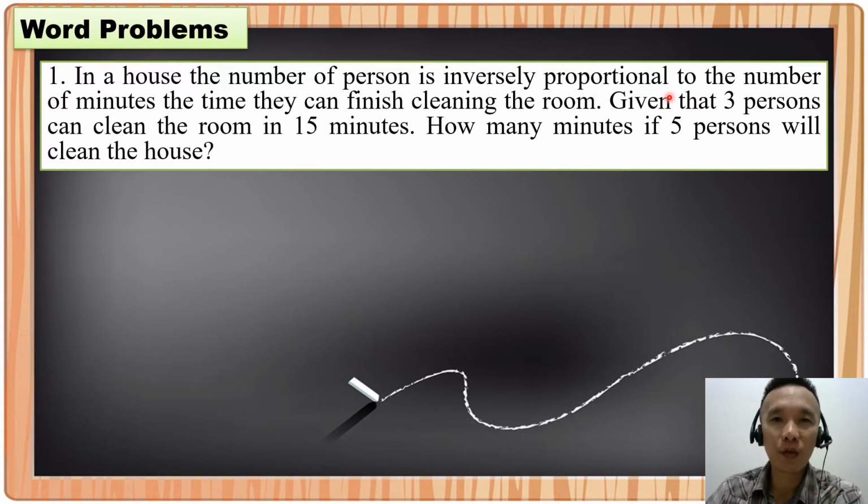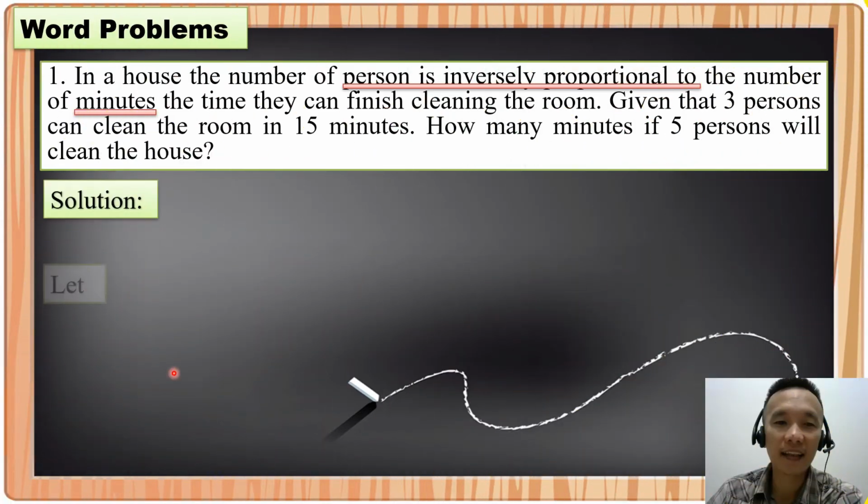But we don't know what letters we are going to use. If this is the case, we can simply assign a letter for our problem. And take note, the important words here are: the number of persons is inversely proportional to minutes.